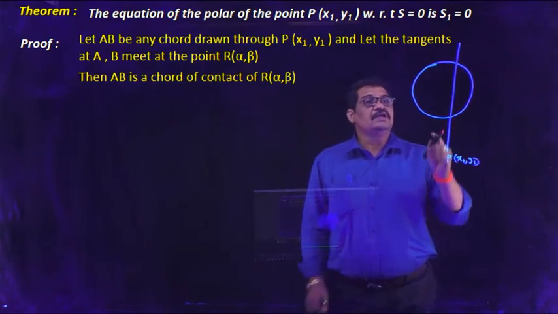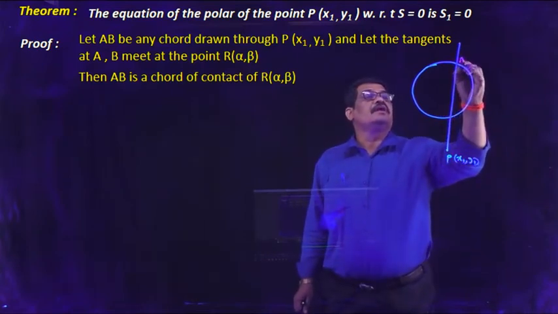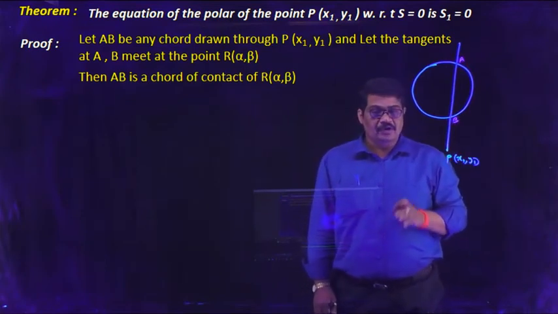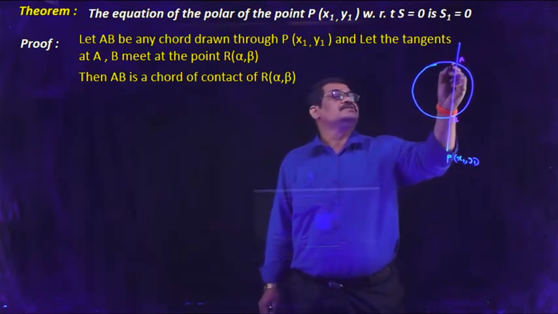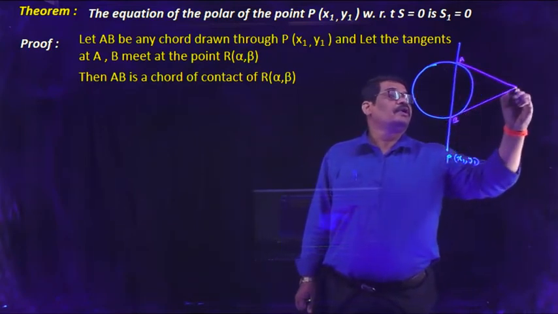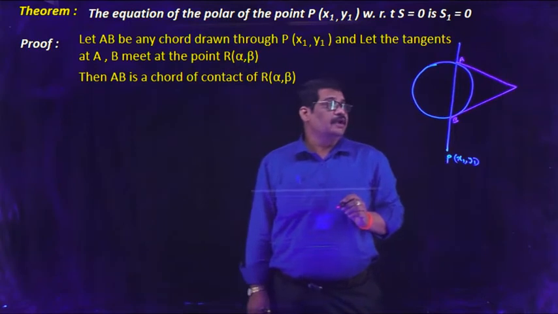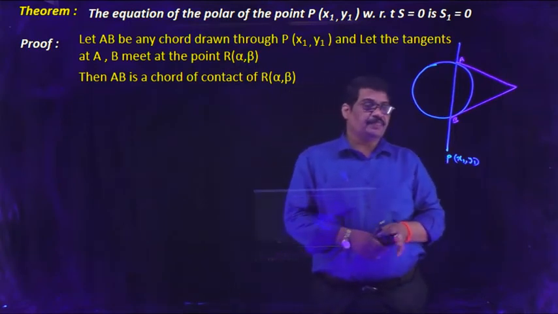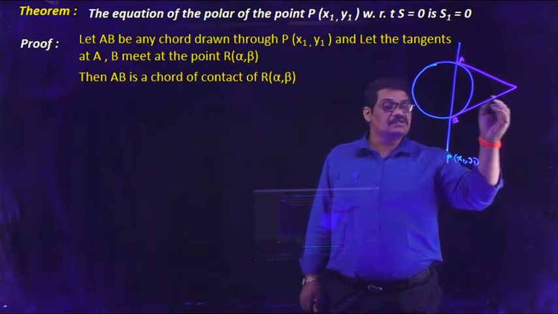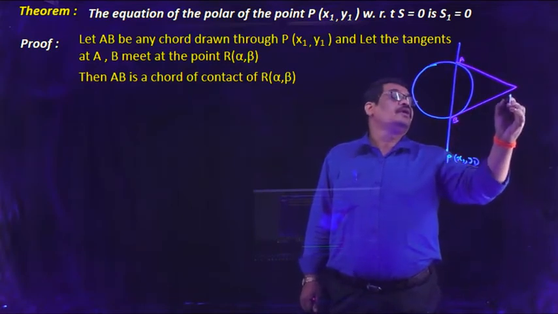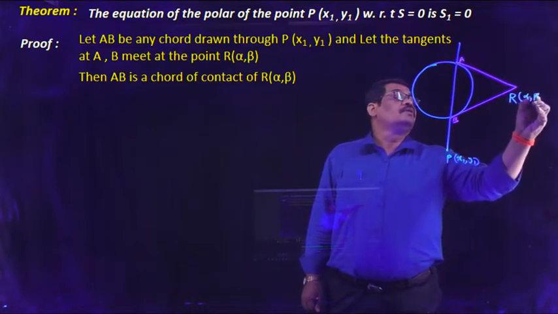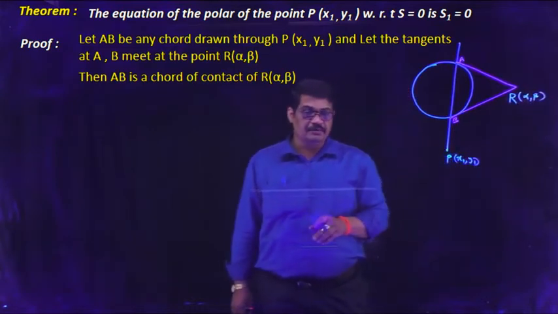Now this secant meets the circle at A and B. Now we write the tangents at A and B. The locus of the point of intersection of these tangents is the polar. We take the point of intersection R as (alpha, beta).